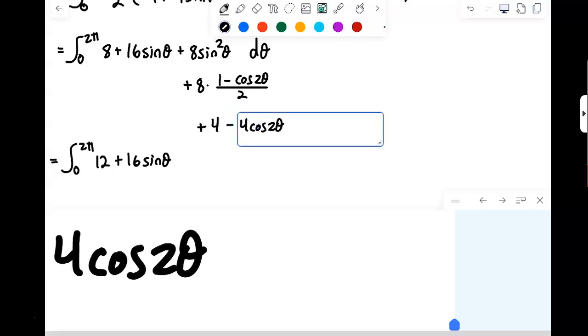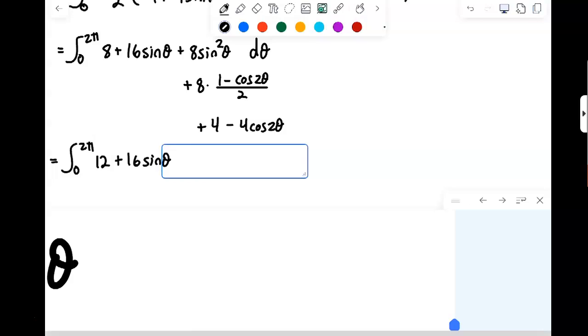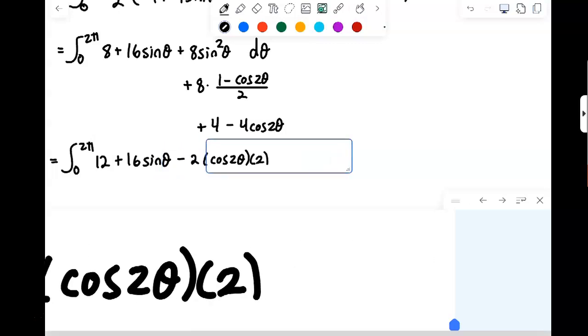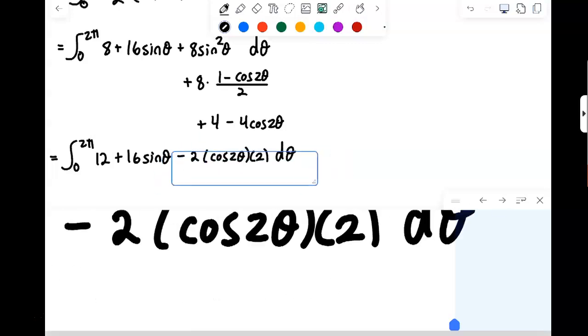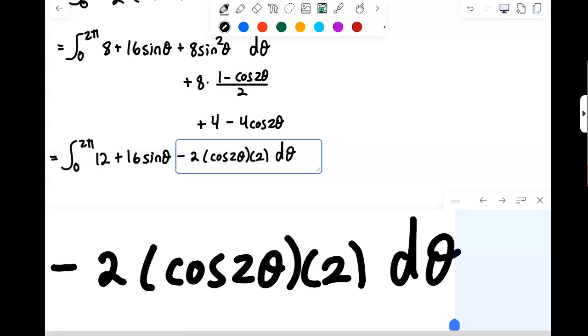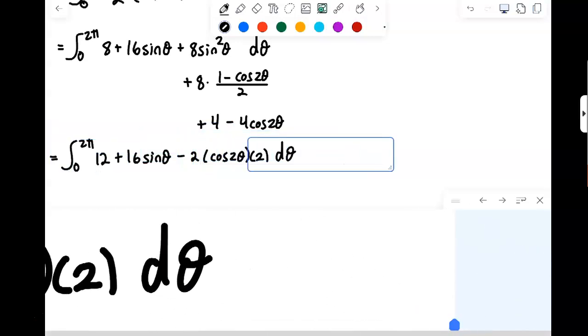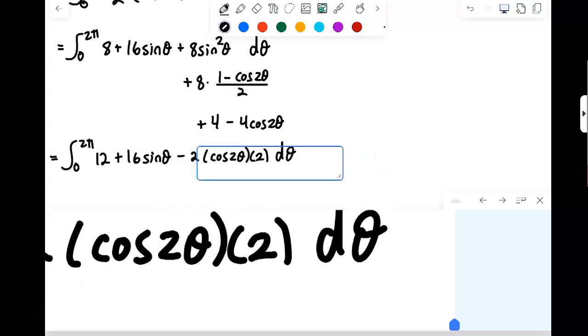So I'm going to take that 4 and actually break that into minus 2, and then I'll have my cosine of 2 theta and another 2 outside, which would eventually get absorbed with the d theta. I'm just doing that so that I can save myself a little bit of writing, not writing out the full substitution stuff or breaking up my integral. I know that 2 is going to disappear. Okay? And then everything else I can just carry the integration through.